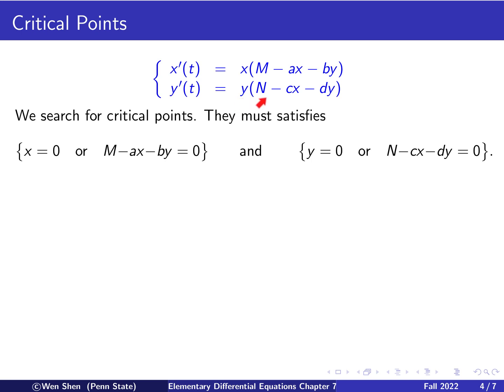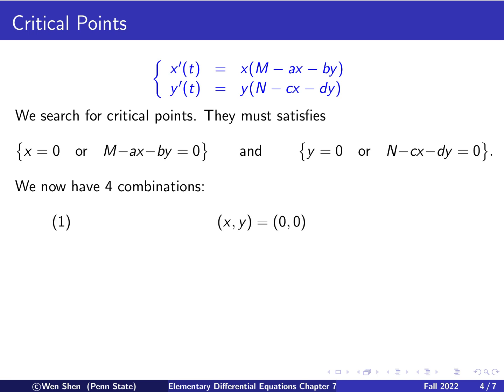And the same for the second equation, either y is 0 or the second factor is 0. And then the relation between these is an AND relation. So there are two possibilities here, and there are two possibilities here. And in theory, there can be 4 combinations. Now let's investigate these 4 combinations.